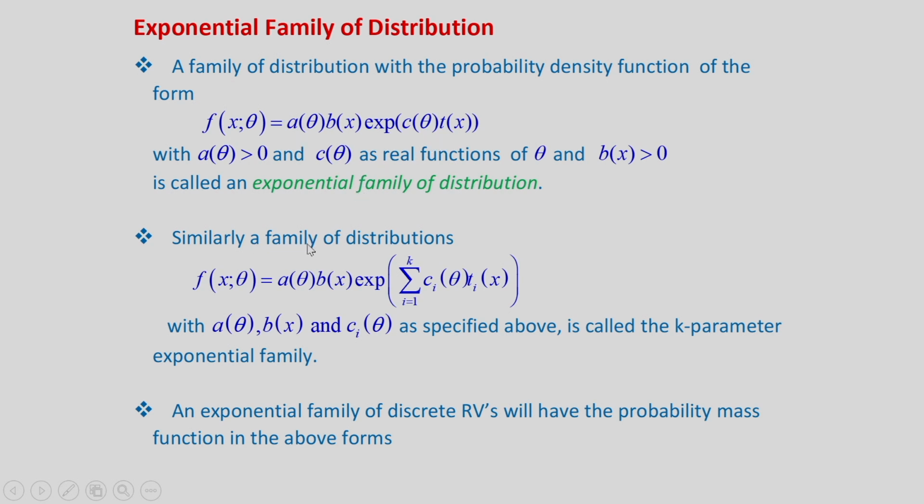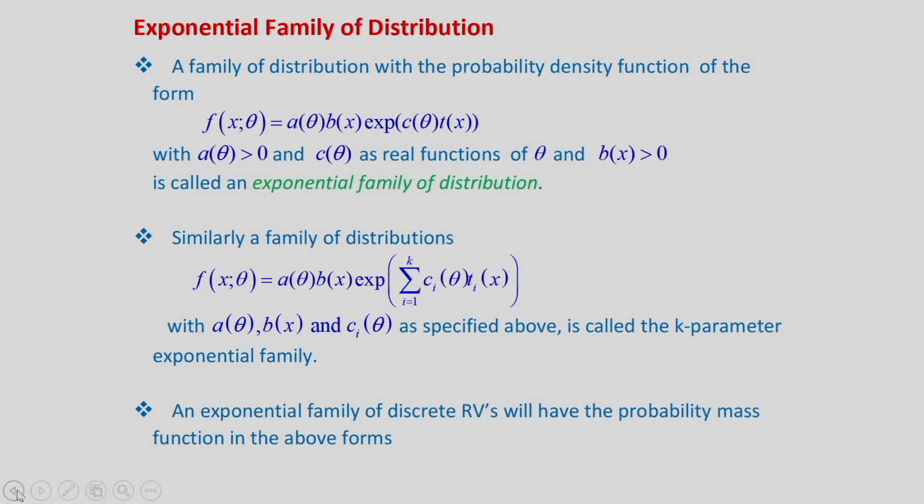And now we can have a multi-parameter exponential family of distribution. Suppose f(x, theta) is equal to a(theta) into b(x) into exponential of summation c_i(theta) into T_i(x), i going from 1 to k. Suppose it is in this form, where a(theta) is greater than 0, b(x) is also a non-negative function, and c_i(theta) is also a real function like this.